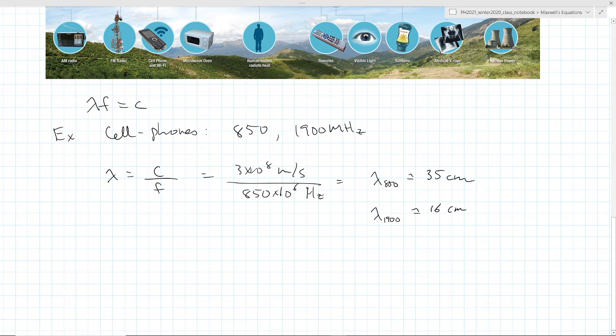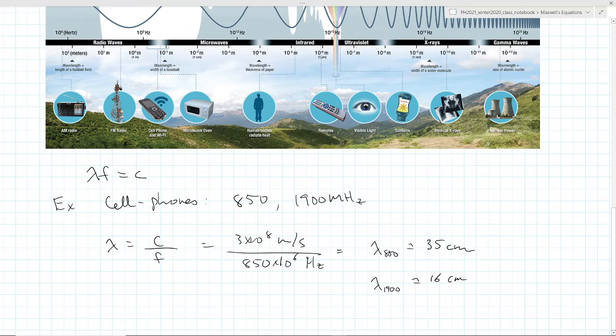And this, you can see in this chart that appears here, it's between 1 meter and 0.1 meters, which is what we expect. It should also agree with your intuition, in terms of the devices that use radiation needing to be of comparable scale to the wavelength of that.